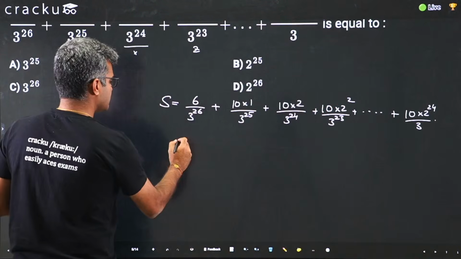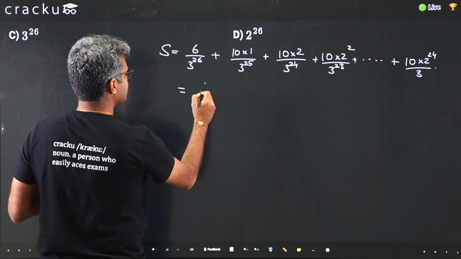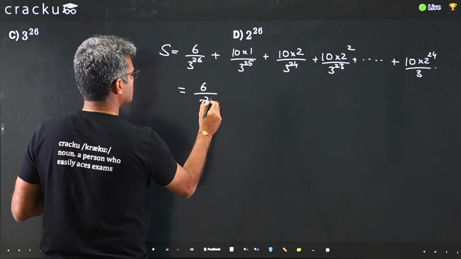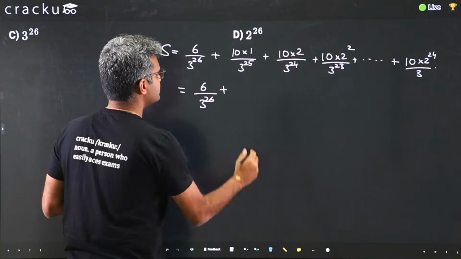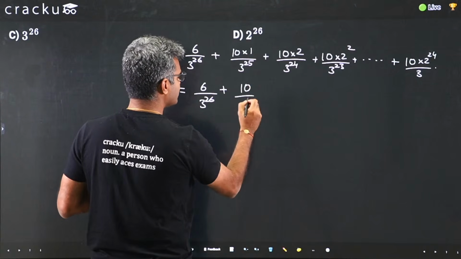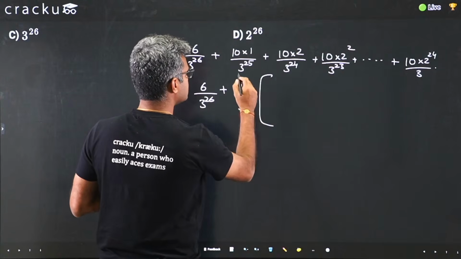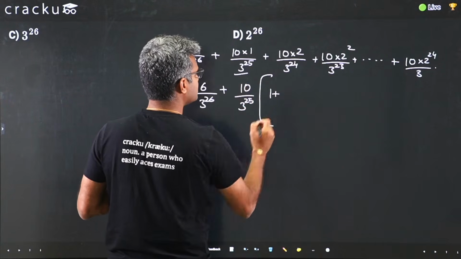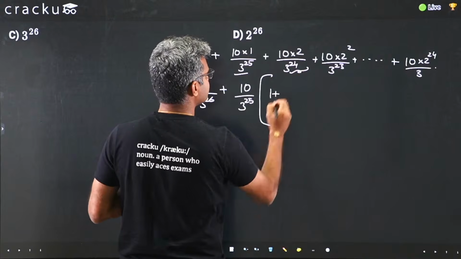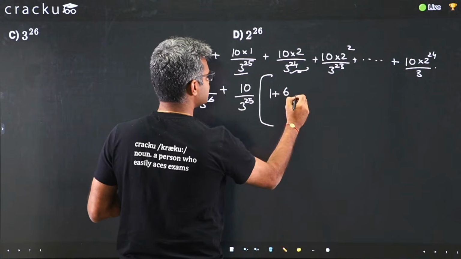So if you are ignoring the first term, leaving it alone, and from the second term you are taking 10 divided by 3 to the power 25 common. This will have 1. From this term, we are going to get 6.